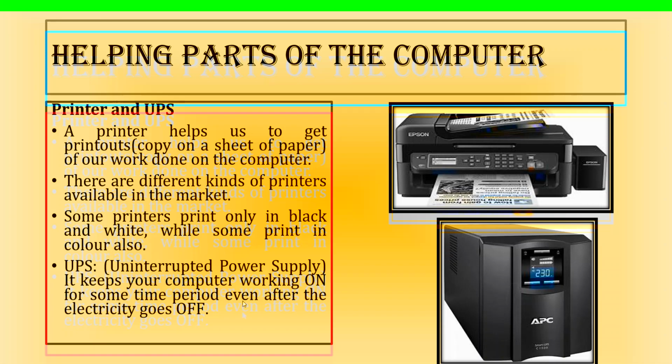As you know, when your system is on and sometimes the electricity goes off at your home, you can use the uninterrupted power supply, so the computer keeps working even after the electricity goes off. This is also known as an inverter, a system backup.